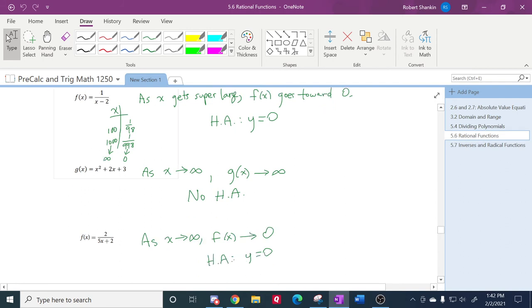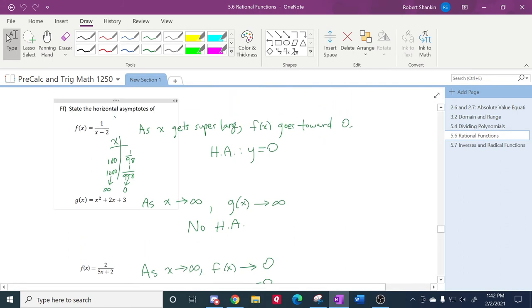Now let's come back to rational functions over here. We had done these things before. Today is Tuesday, last week on Thursday, we had done these three problems. Notice there are only polynomials in the denominator, so the numerator is stuck at 1. As the denominator gets bigger and bigger, it drives the fraction to 0.